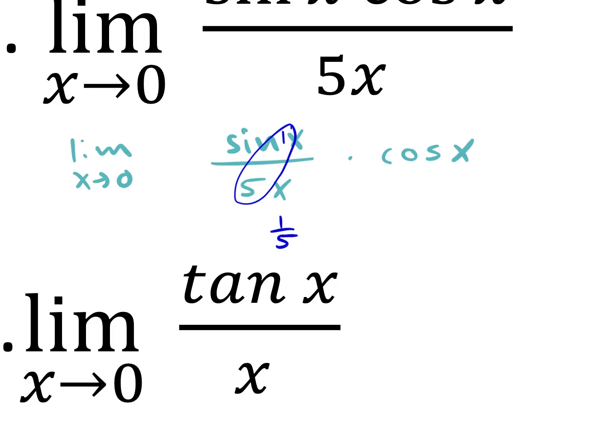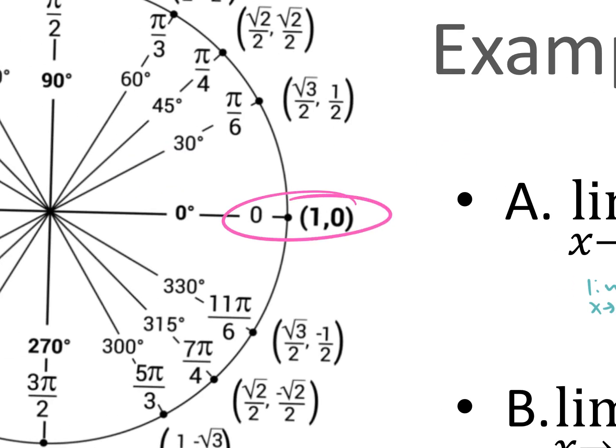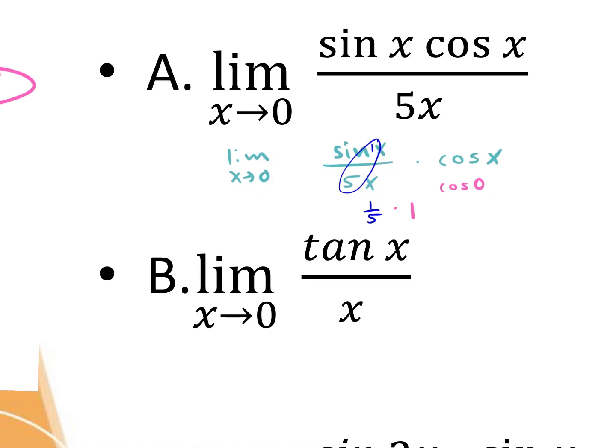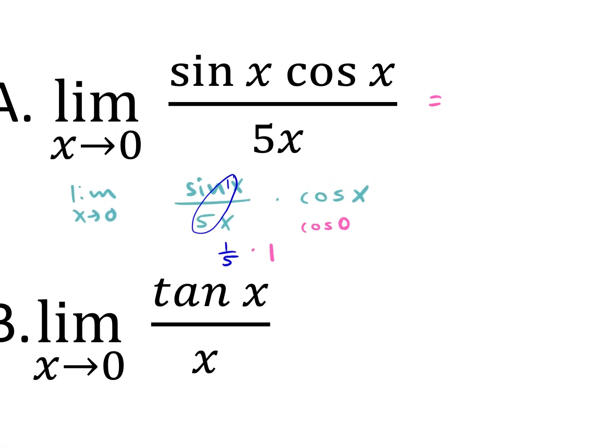Now let's try with cosine what we get if we just plug in 0. What's the cosine of 0? Going to our unit circle, we're going to go to 0. Cosine tells us we look at the x or the y? The x value. So what's our x value? 1. So here we get 1/5 times 1, which would be 1/5.